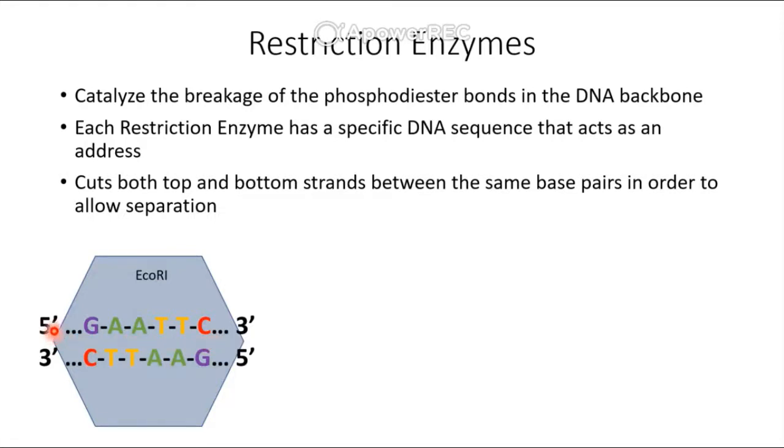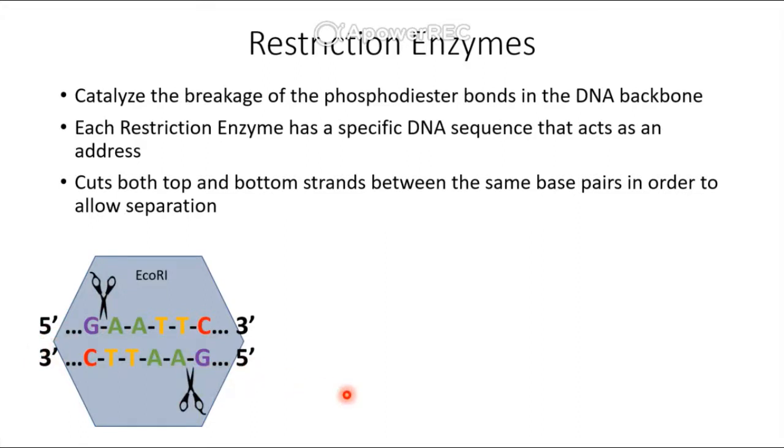Here we have the top strand, 5' to 3', and the bottom strand, written in the reverse direction, 5' to 3'. You'll notice it's the same sequence, GAATTC. And so what happens, as I said, the restriction enzyme is going to cut at that same base pair on the top and the bottom strand. So it's going to cut between the first G and A and the first G and A, reading 5' to 3'.